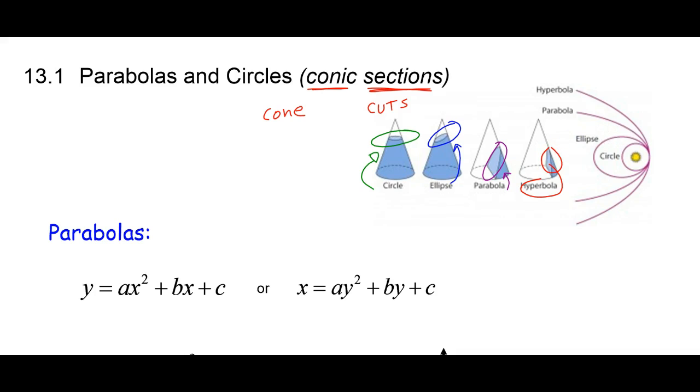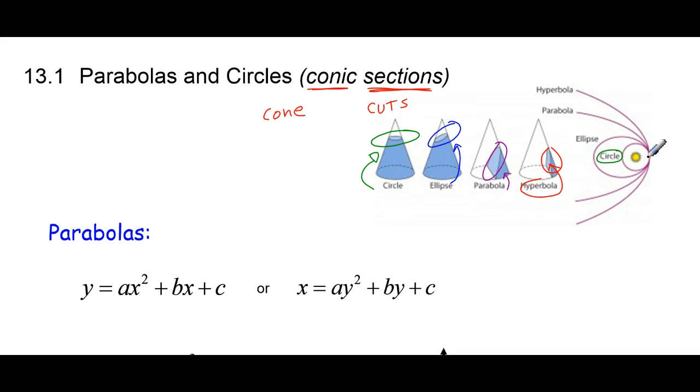And one other way to link all of these ideas together is that all of these different shapes can also be the paths of things that are orbiting, like planets or spacecraft or moons. A circle would be sort of a perfect orbit where you never go any higher or lower or further or closer to the sun. An ellipse is a bigger orbit.